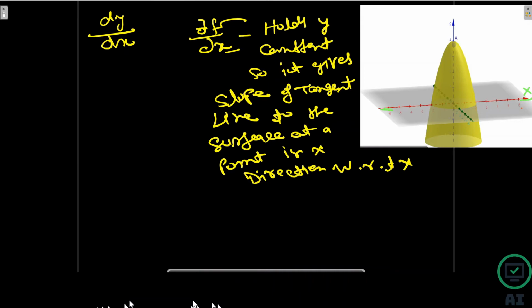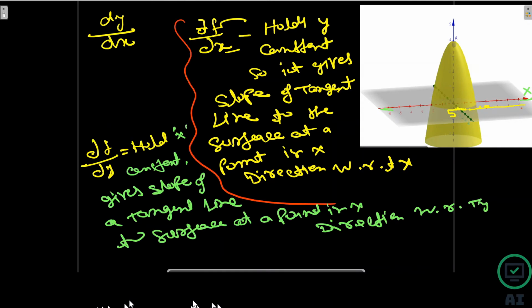So when you say del f by del x, you hold y, let's suppose y equal to 5, and then find the slope of the tangent line to the surface at a point in the x direction. So you will be moving in this direction.